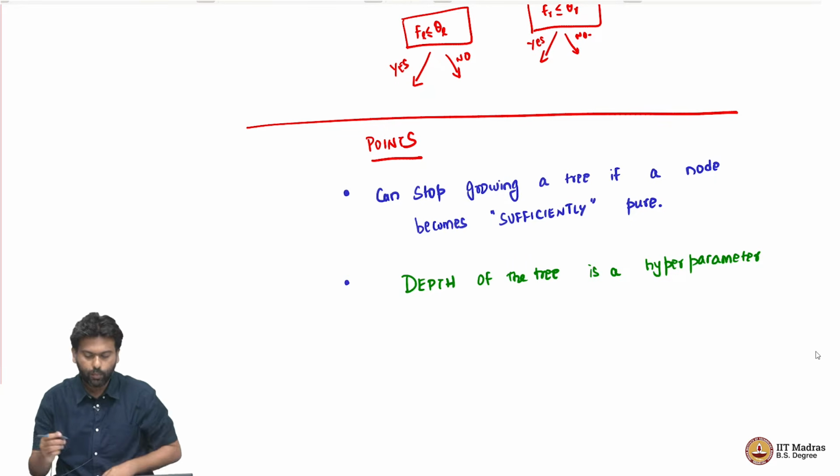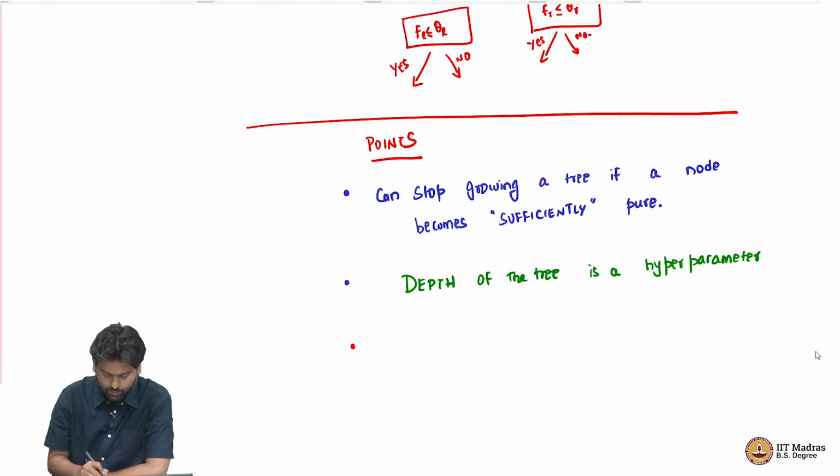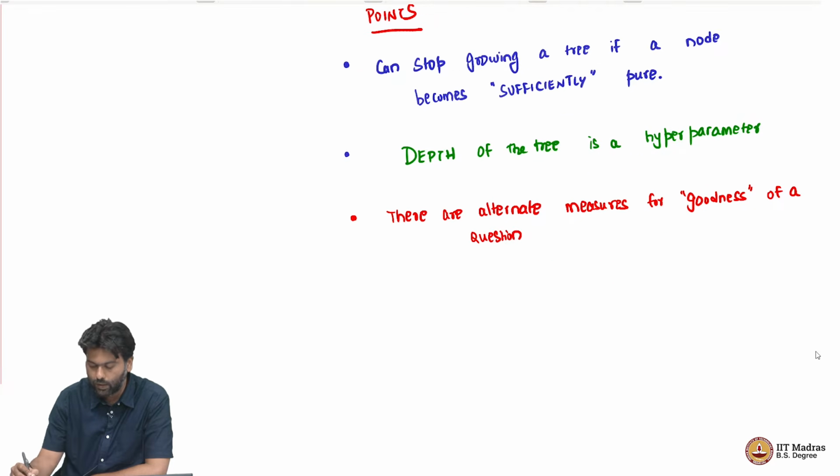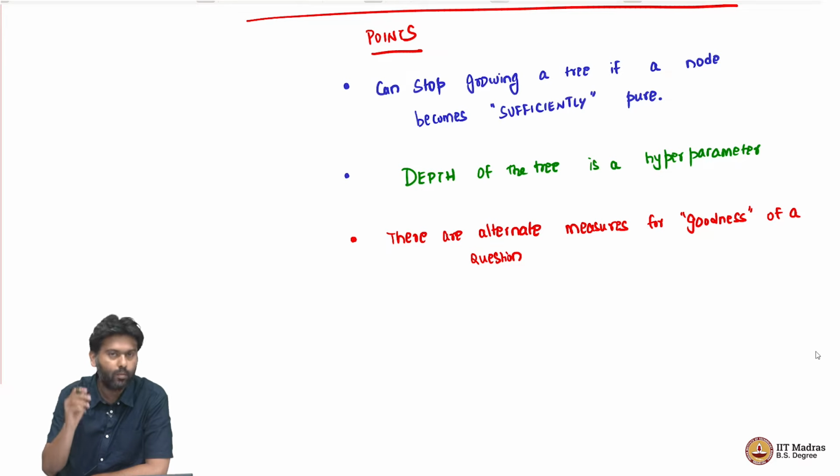The other point that I wanted to mention is there are alternate measures for impurity, measures for goodness of a question. Entropy is just one popular measure of goodness.